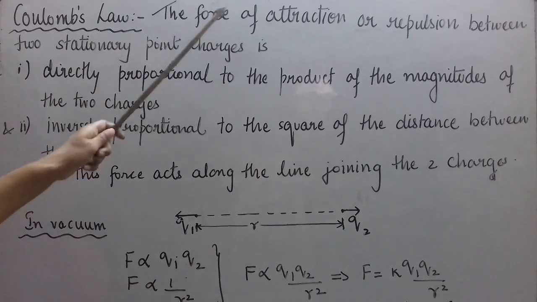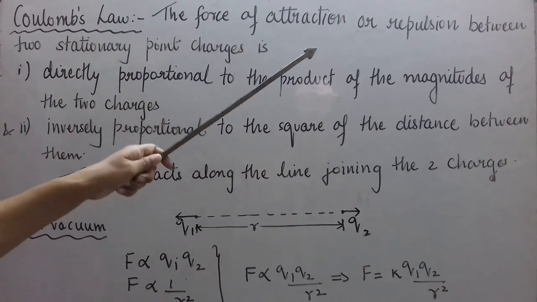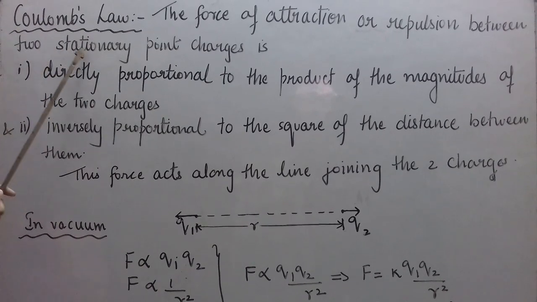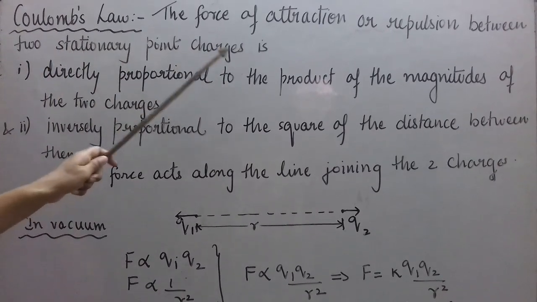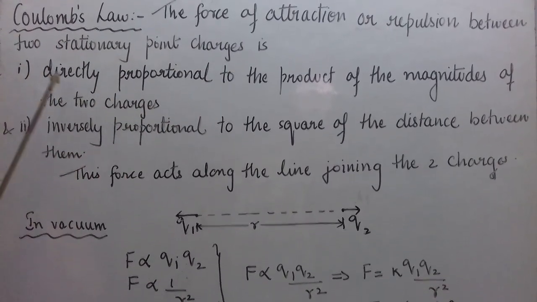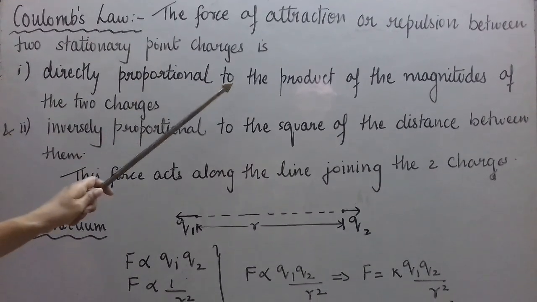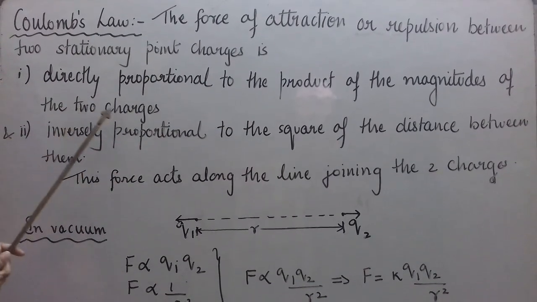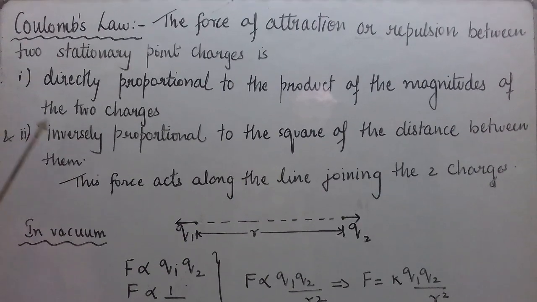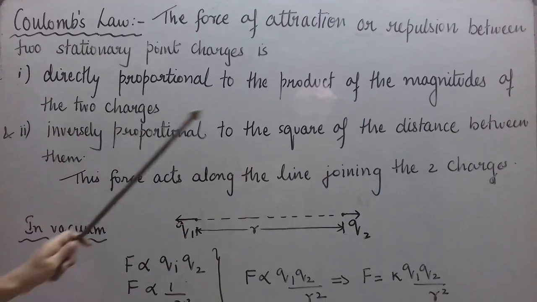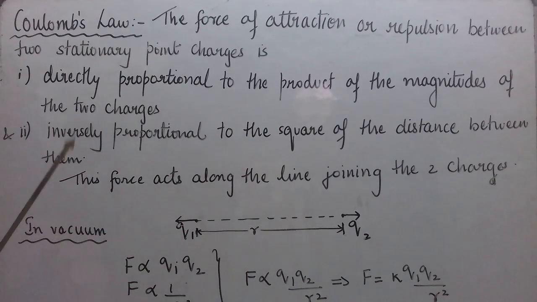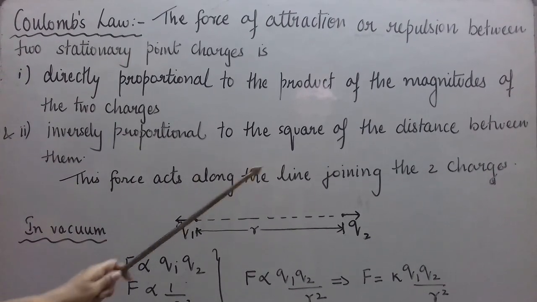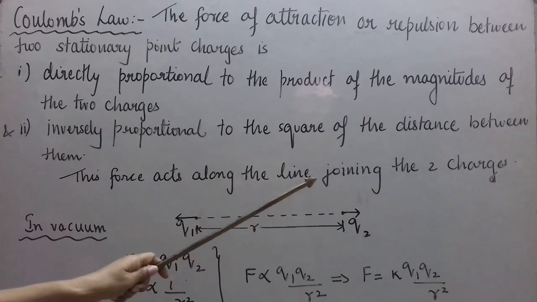The force of attraction or repulsion between 2 stationary point charges is, one, directly proportional to the product of the magnitudes of the 2 charges, and two, inversely proportional to the square of the distance between them. This force acts along the line joining the 2 charges.